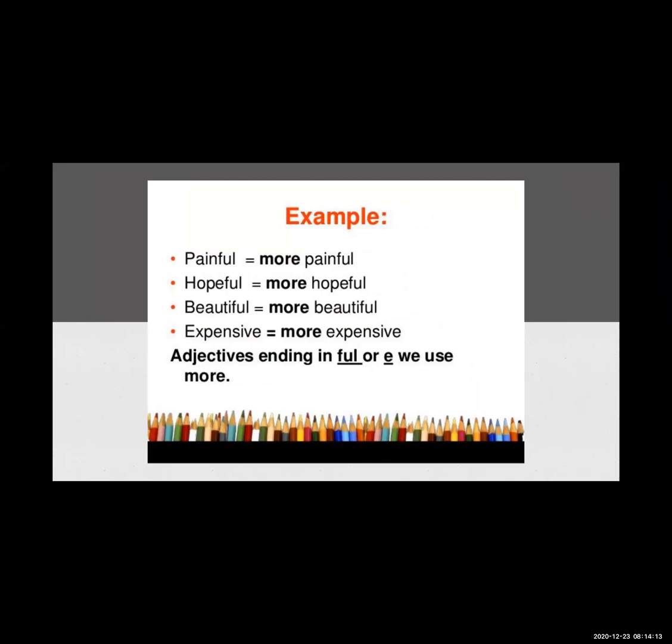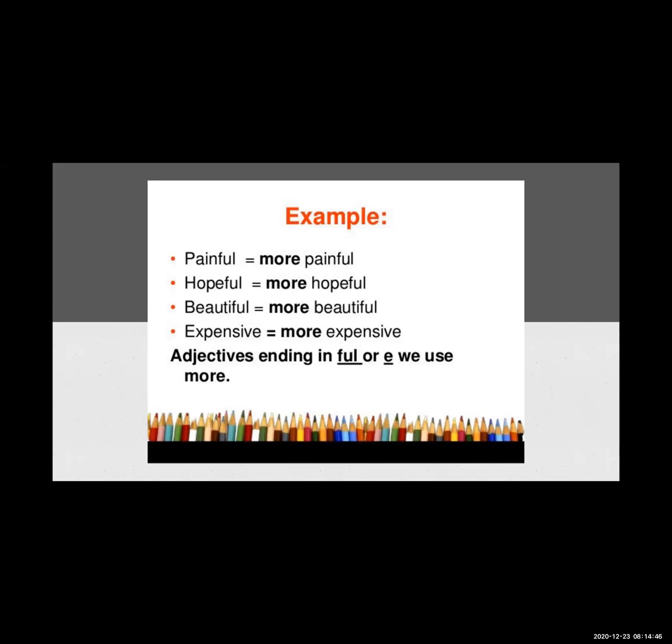Suppose there are words ending with ful, like full. We say, my stomach is full. If there are any words ending with ful, like painful, then you are not going to add er or est. At that time we don't add er or est to their ending parts, but we add more. Understand?